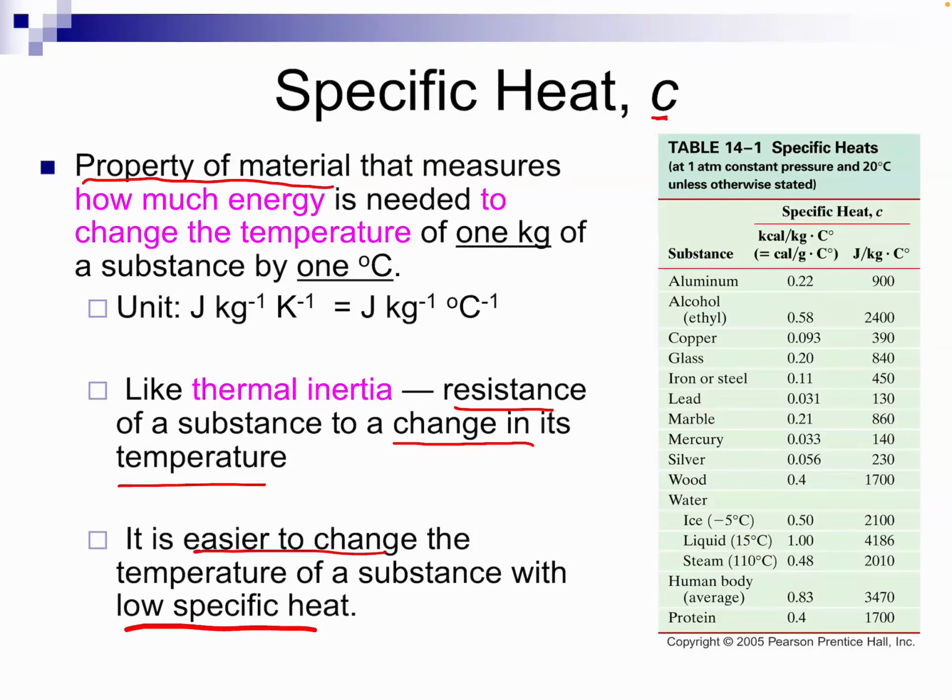So if you compare, for example, a pot, if you make the pot out of steel compared to making the pot out of aluminum, which pot will heat up faster and therefore cook the food faster?